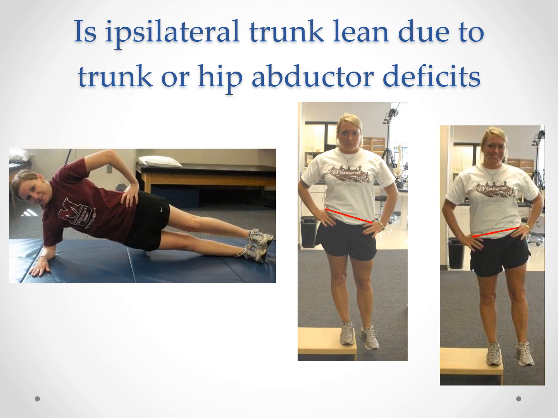Even though you may have equality in manual muscle test of the strength that the hip abductors are able to maintain, you may see that there's a deficit because of a deficit in endurance or closed chain control. Of course, if you suspected a deficit, you'd want to do manual muscle test as well.